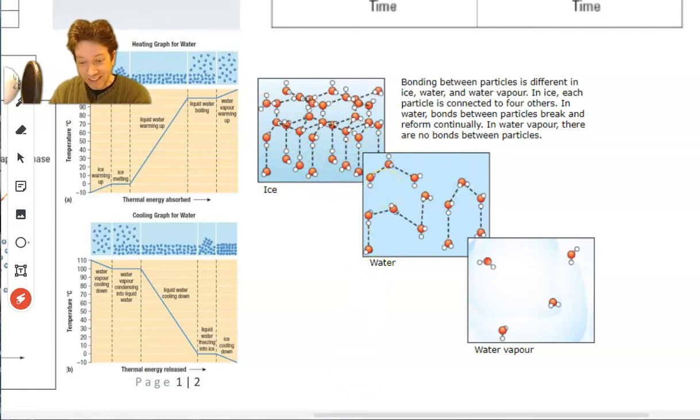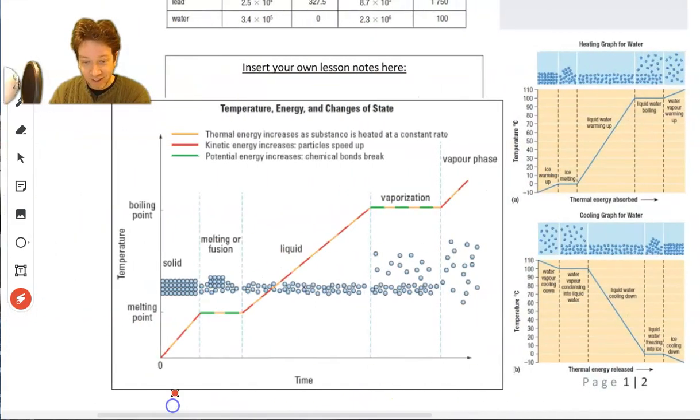So it actually takes quite a lot of energy to do that. So you can see as we are continuing to transfer energy at a constant rate, it's not increasing in temperature. So none of that energy is going into the kinetic energy of the particles. It's all going into the potential energy to break the bonds.